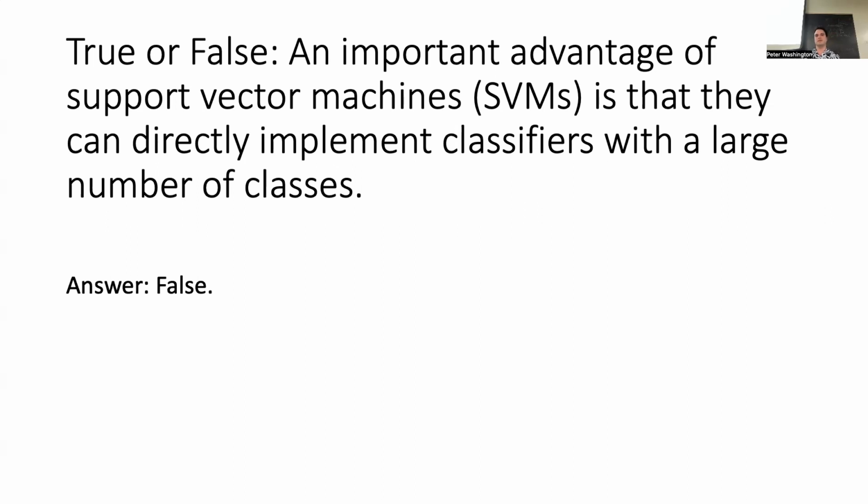Well, this one is false just because by definition, it's separating into binary. And we didn't talk about this in class, but if you wanted to make SVM multi-class, you can create several independent binary classifiers using SVM, but that's certainly not an advantage because it's inherent to the method. It's only binary in terms of the method we learned.